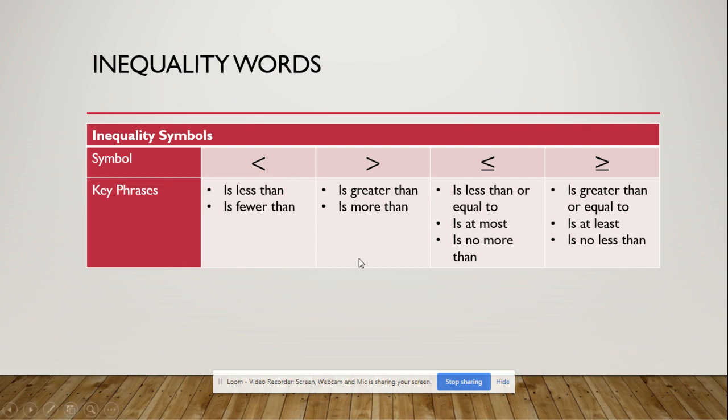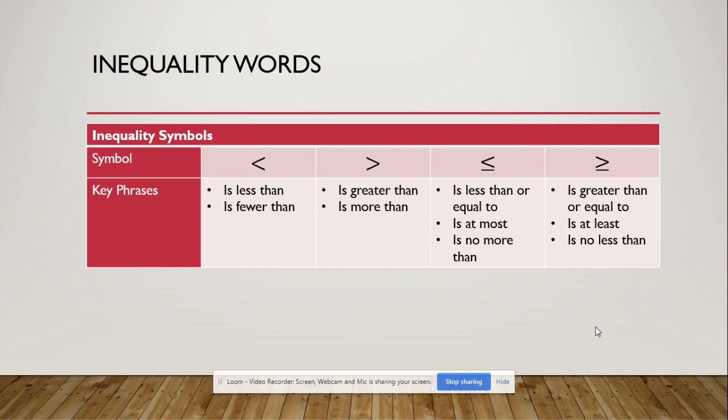So less than or fewer than, is greater than or is more than. This over here, the official name is less than or equal to. However, it could also be is at most, is no more than. This is greater than or equal to, but it could also be said as is at least or is no more than.